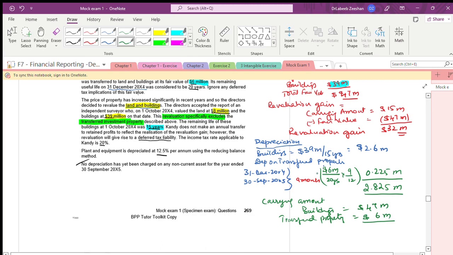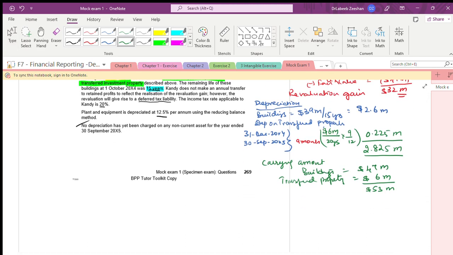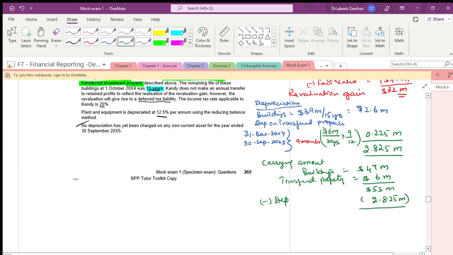Total it comes to 53 million, minus depreciation. How much have we calculated for depreciation? 2.825. 53 minus 2.825 is 50.175.